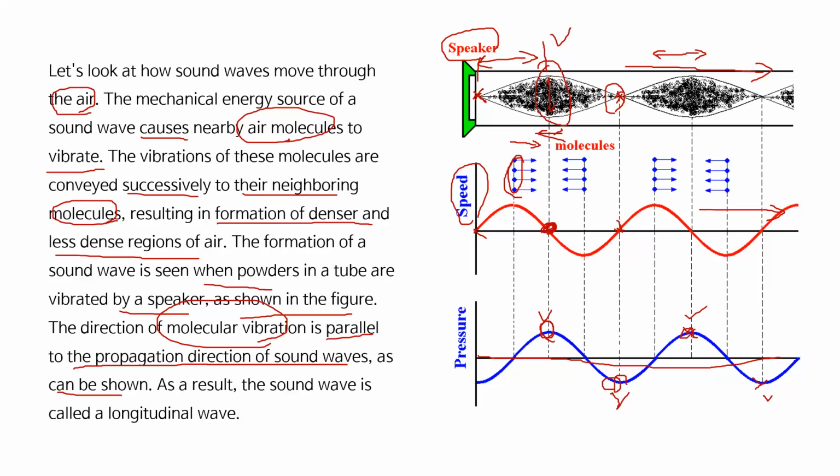So direction of vibration and direction of propagation are the same. So in this case, we can call this wave a longitudinal wave. Therefore, the sound wave is called longitudinal wave.